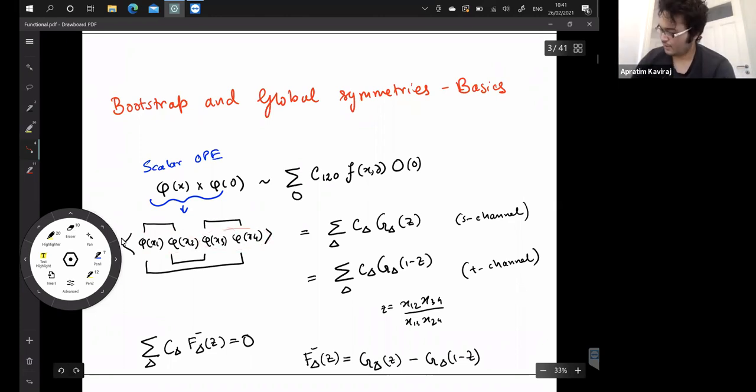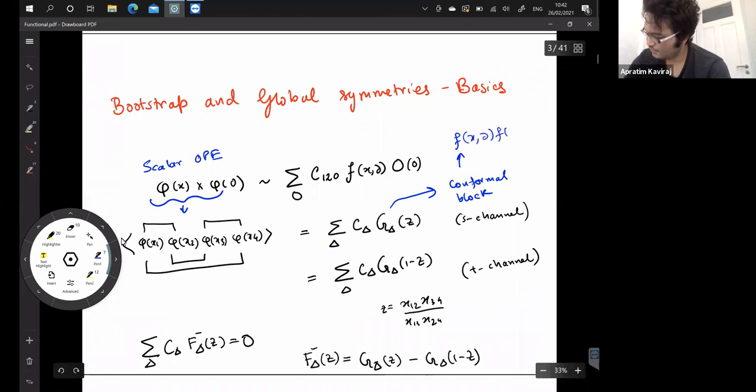This way you get an S-channel expansion where G is a conformal block, which is basically like a product of these guys.